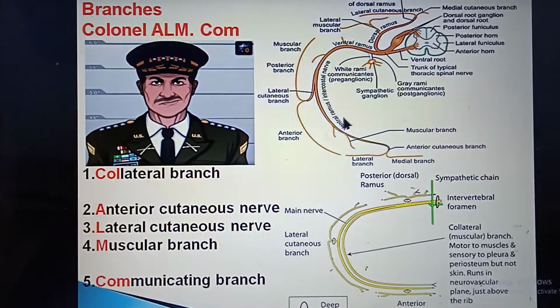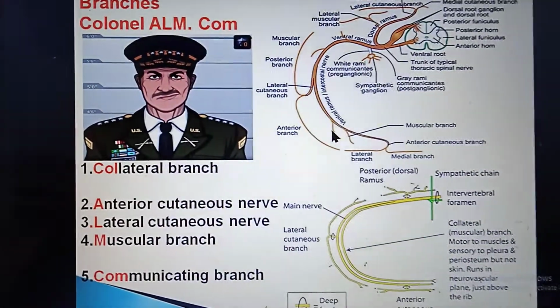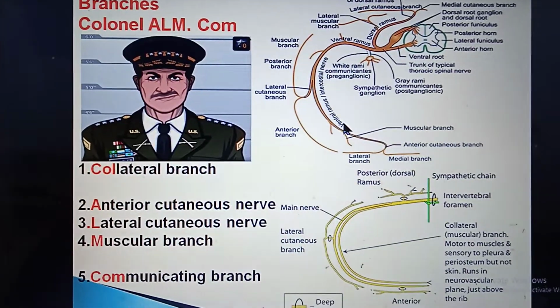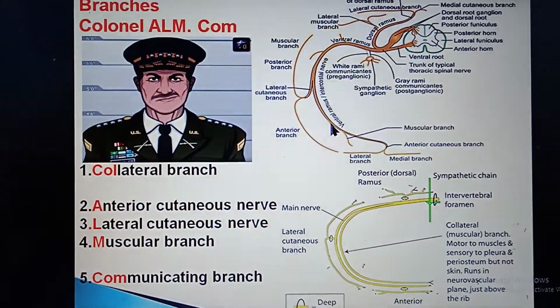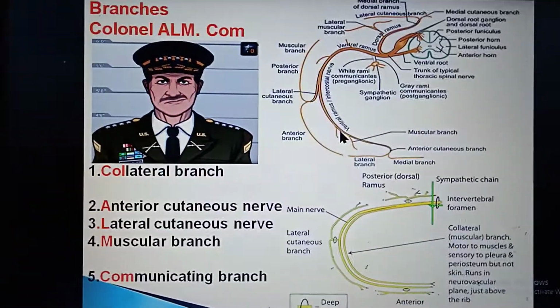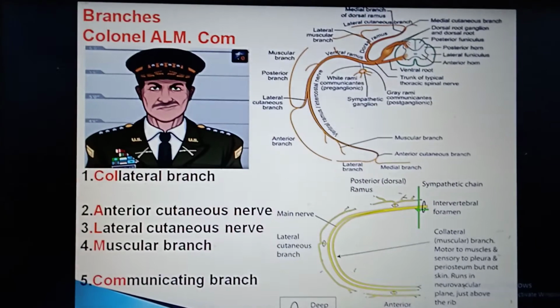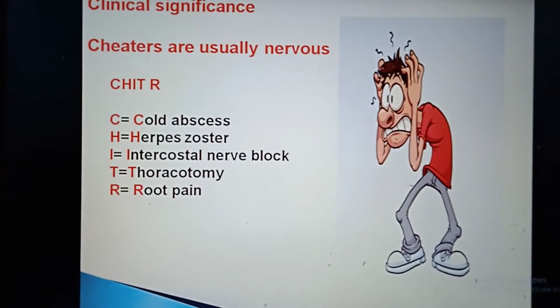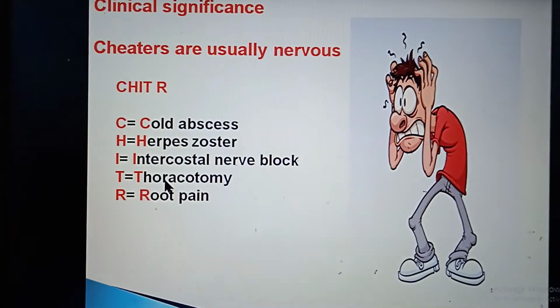Because we know that the neurovascular bundle lies near the lower border, where there is the costal groove which lodges this bundle structure. So the favorable site for thoracotomy is just above the rib, not below the rib.